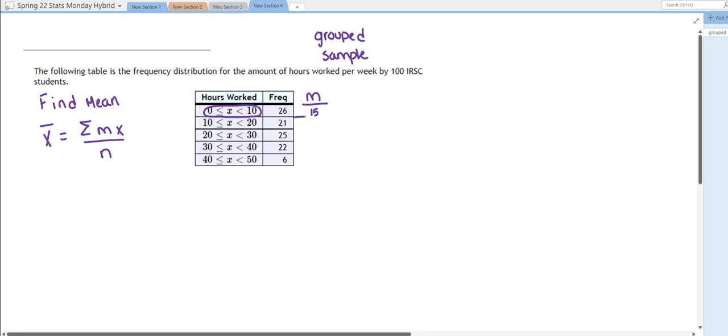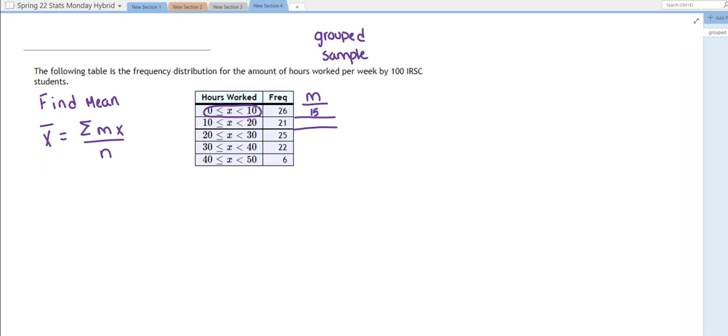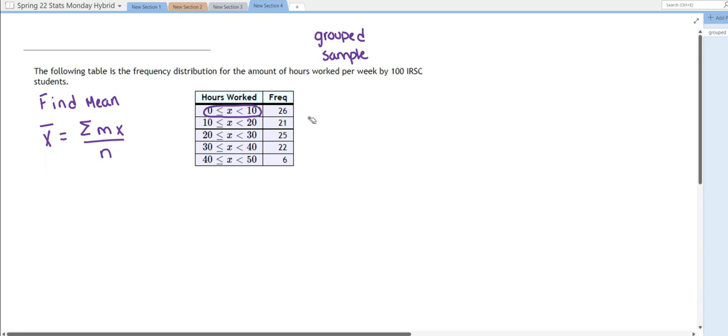I'm just going to make a new chart. So midpoints: the midpoint of 0 and 10 is 5. Midpoint of 10 and 20 is 15. 20 and 30, 25. 30 and 40, 35. And 40 and 50 is 45.